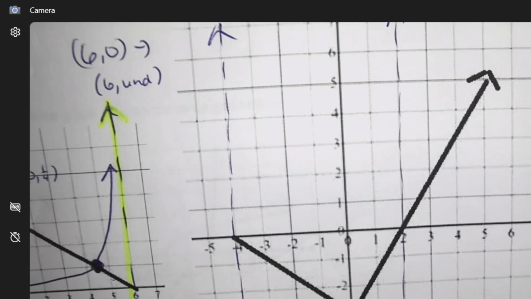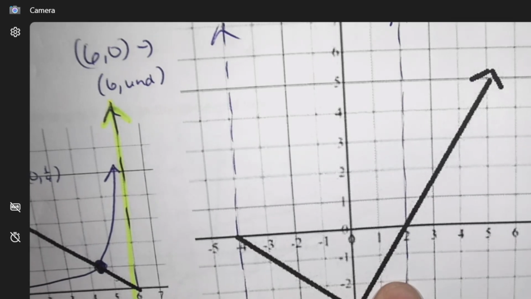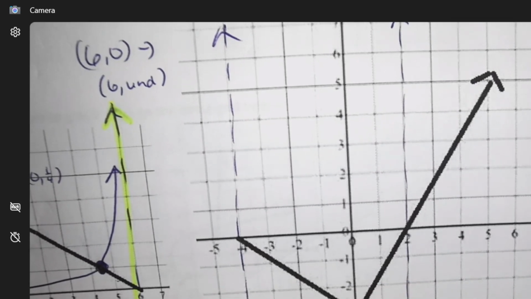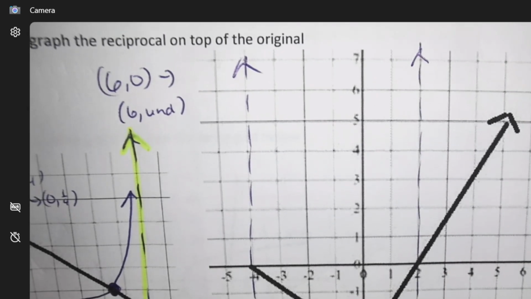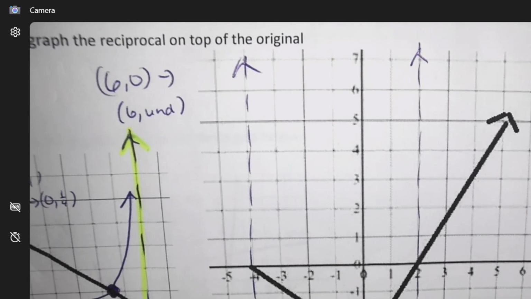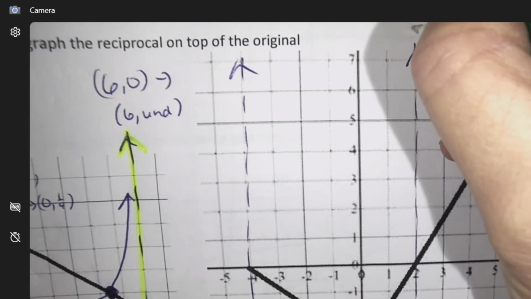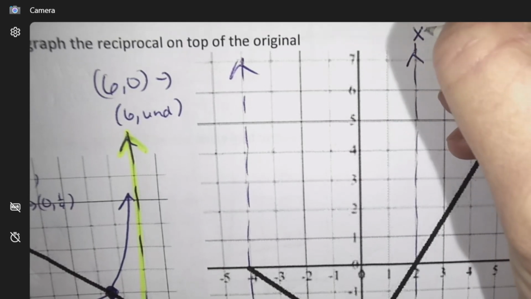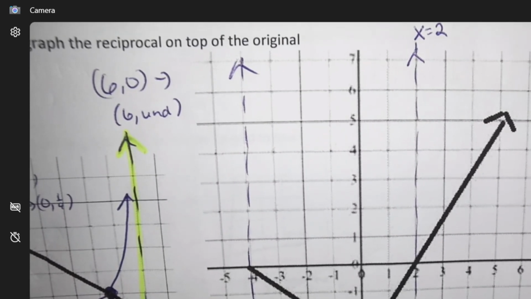What if my question didn't ask me to graph it? What if my question just said, what are the equations of the asymptotes? What would this equation be of this asymptote? Do you know how to write an up-down line? How do you write an up-down line, a vertical line? X equals 2.